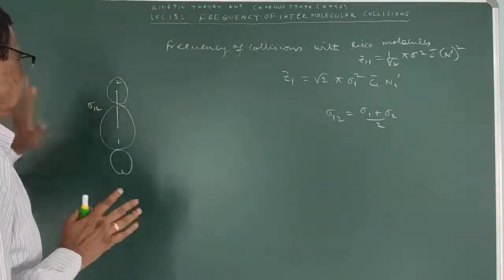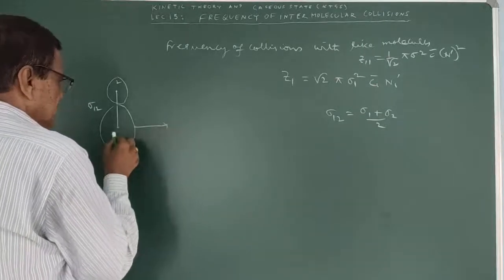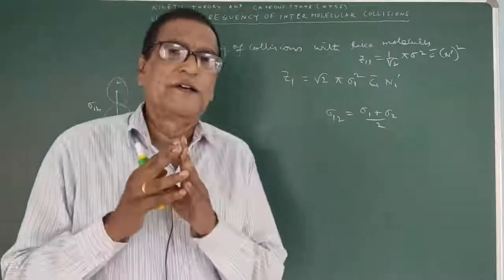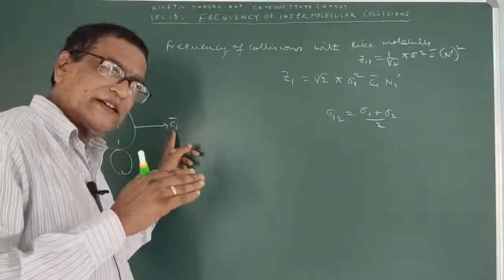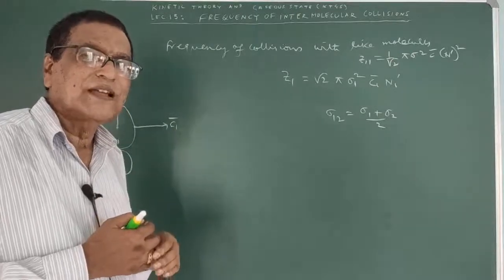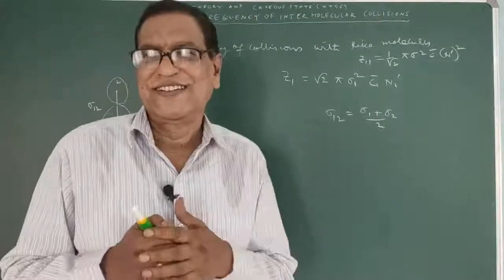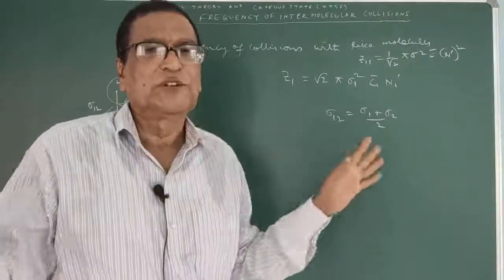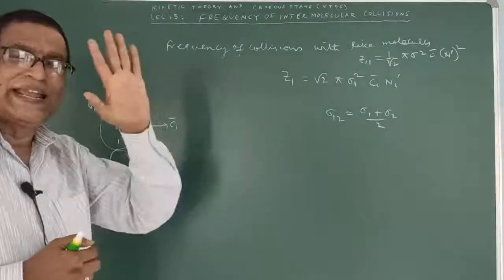And suppose the first type molecule is moving with the C1 bar speed, the average speed. C1 bar is the distance traveled by the first type molecule in unit time. And let us suppose, it is also a wrong supposition as we have done earlier, that all the other molecules are at rest. Only this molecule is moving.